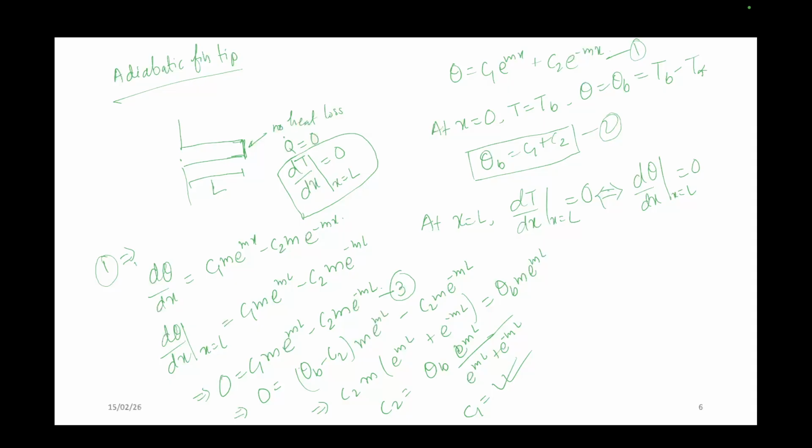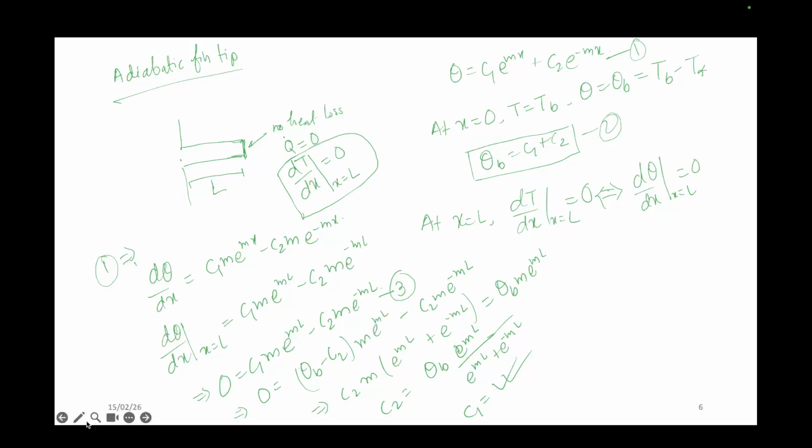So the first boundary condition, you see, is common. The second boundary condition is different. This is why I am saying sometimes students only remember the formulas that have been given. If you ask them what the equation is, they can easily say T minus T infinity by T_b minus T infinity.